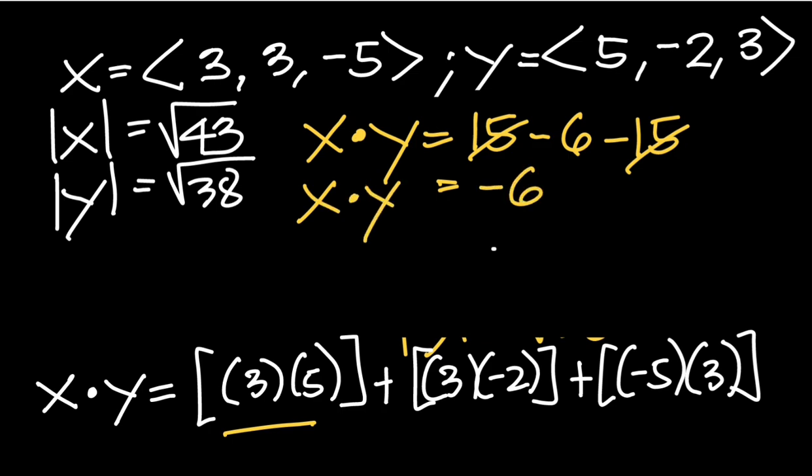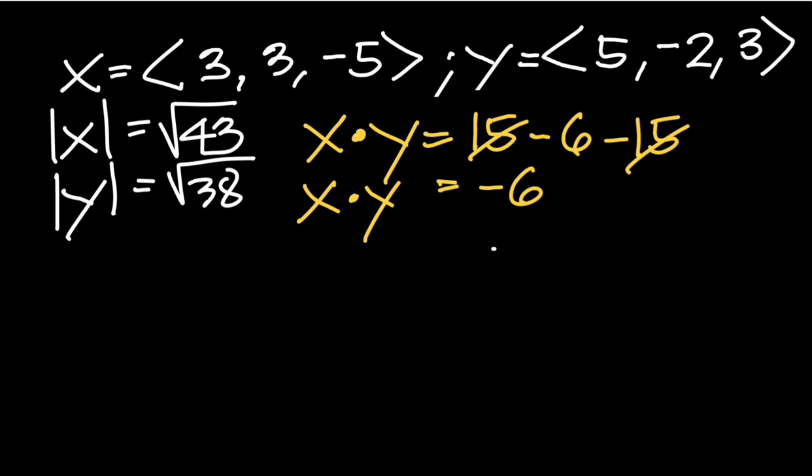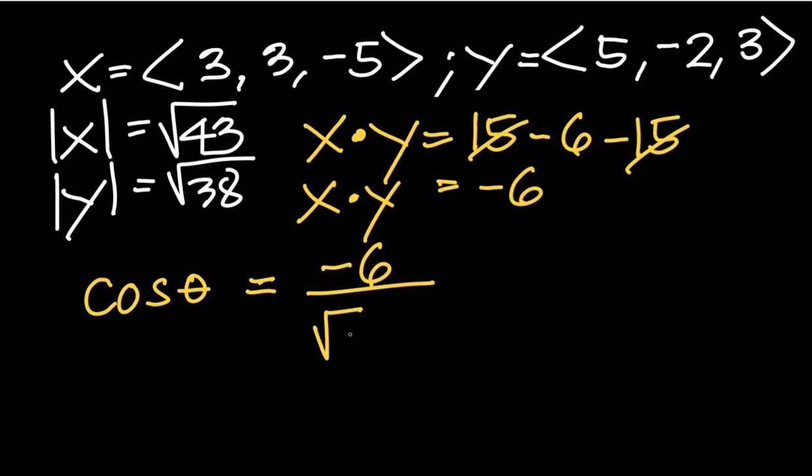So now we can solve for the angle between these vectors. So we use this formula, cosine theta equals the dot product of the two vectors, and that is equal to negative 6, divided by the length of vector x, which is square root of 43, times the length of vector y, which is square root of 38.